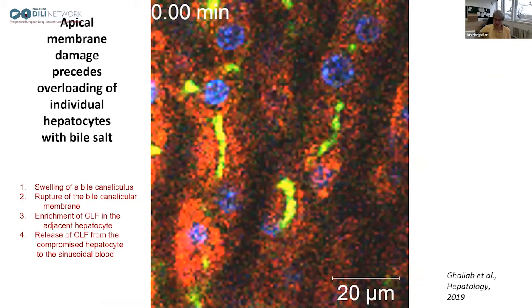And just two videos how this looks. This is now a bile canaliculus filled with CLF, only to see the content of these bile canaliculi. And this is day 1 after bile duct ligation.